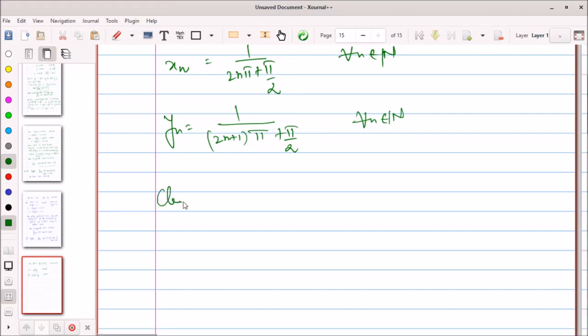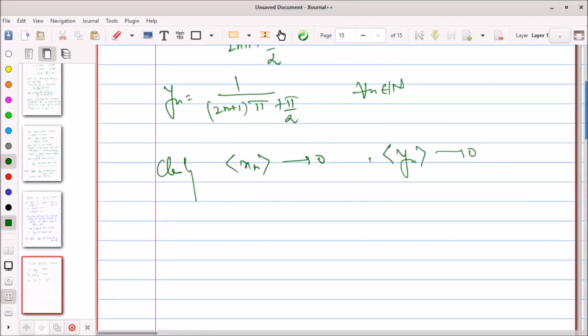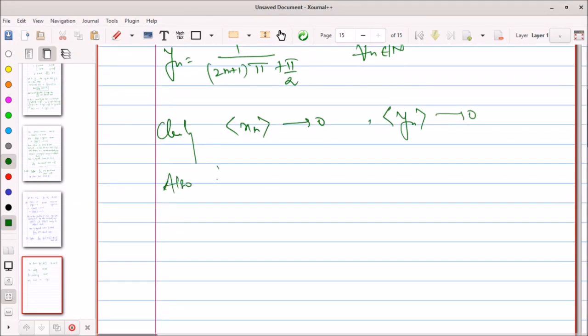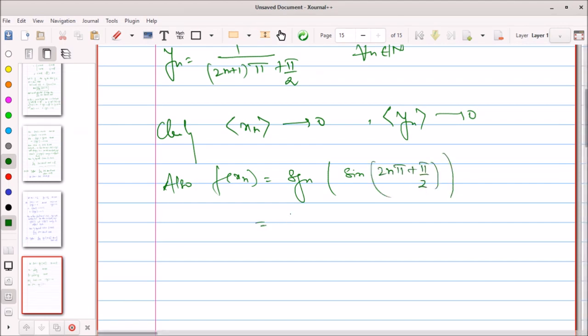So clearly xn converges to 0, yn converges to 0. Also f of xn is equal to sine of (2n pi plus pi by 2), which is equal to sine of 1, and this is 1. So f of xn is a constant sequence 1, so f of xn converges to 1.